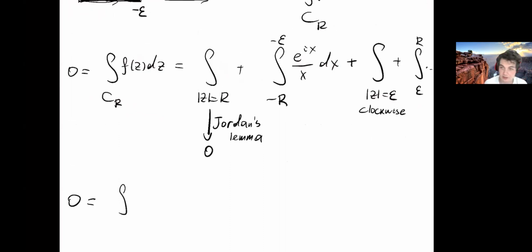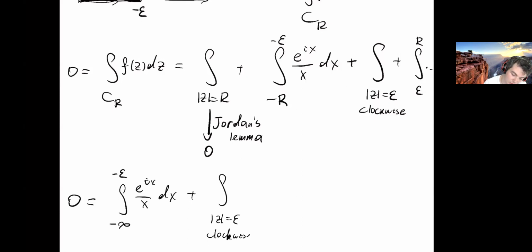What happens to the second term? When r goes to infinity, we just replace r with minus infinity, e to the ix over x. This integral is still the same. This third integral didn't depend on r at all.